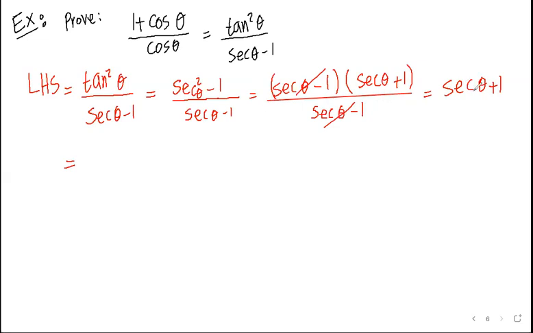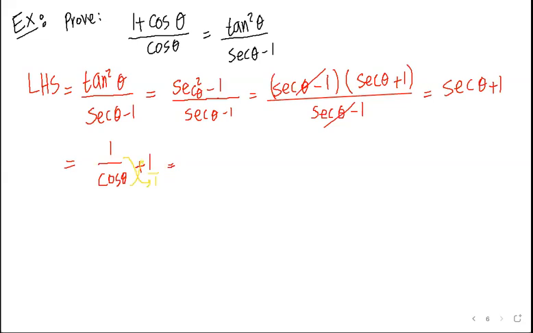What is the secant theta? 1 over cosine of theta, plus 1. Now cross multiply. This is actually over 1, so it's cosine over cosine.